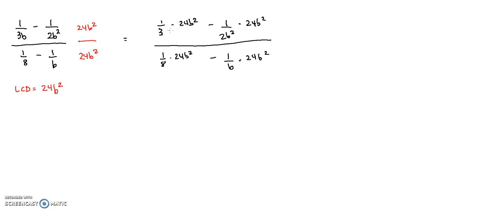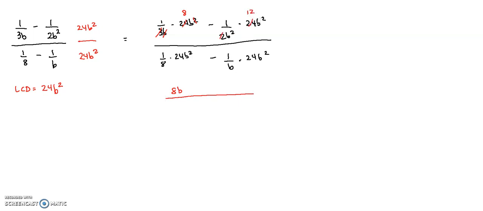Remember, we've got to set the LCD so that our denominator always cancels out. So when my denominator didn't cancel out, I knew something was wrong. All right, so let's do better handwriting here. Okay, 3b. So 3 and 24 cancel, and we're left with 8. And then b and b squared cancel. One of the b's will cancel out, and I'm going to be left with 8b. Over here, the 2 and the 24 cancel, and I'm left with 12.